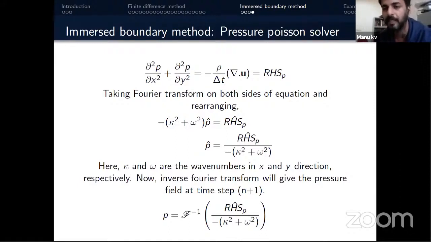I think that itself is a separate topic, and we can improve the speed in each time step. Okay, we can improve the accuracy, we can improve the speed by taking different schemes. In fact, suppose we are solving using a spectral solver for a Poisson equation, we'll get a faster and accurate solution.